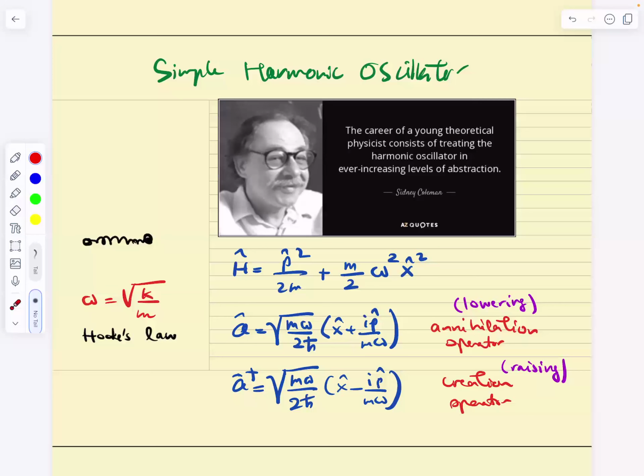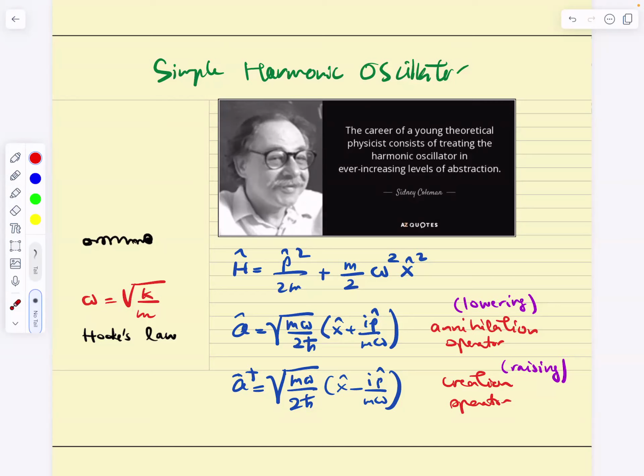My next example is a simple harmonic oscillator. It's a special case of what I just described when V of X is proportional to X squared, like a spring.